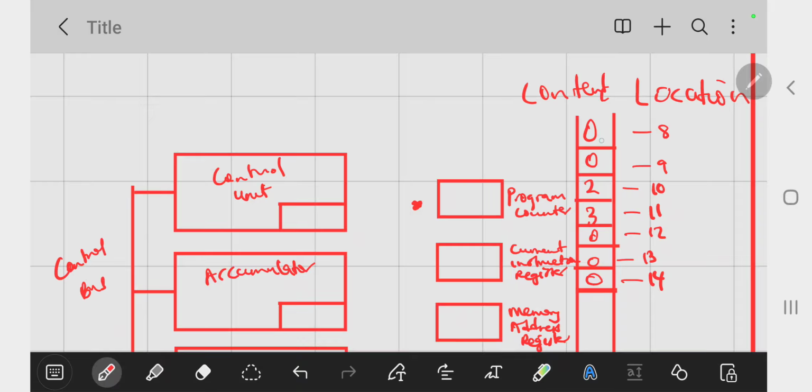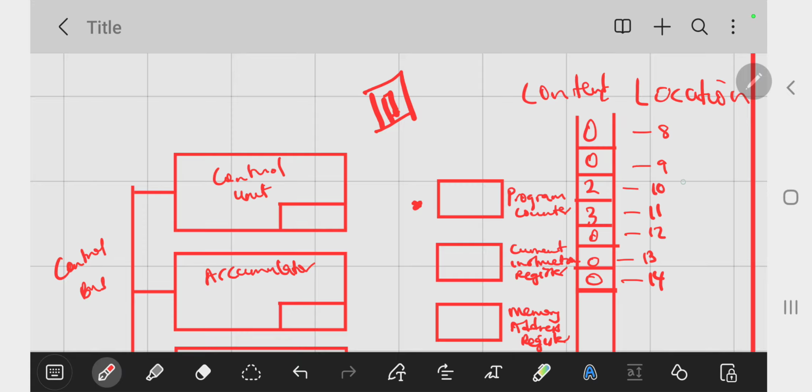Then in this region we have the content we are looking at. You can think of it the same way as rooms. A room has a number on the door, and that number is the memory address. For instance, let's say your name is 2, because that is what you are. You are the content which stays in that room. Where do you stay?